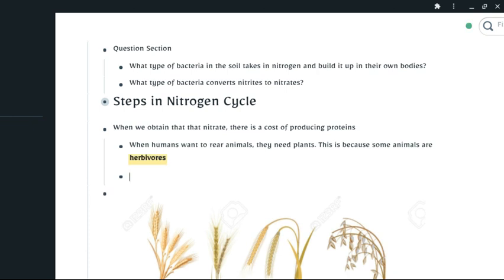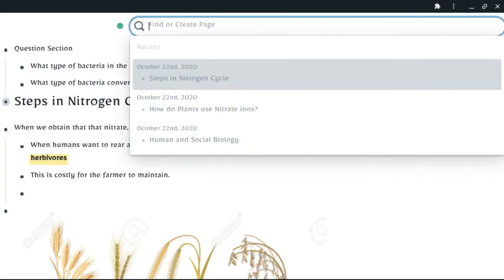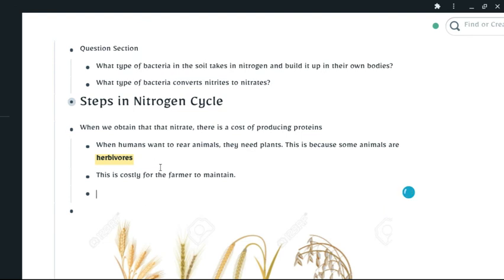And this is costly for the farmer to maintain, and also when that farmer wants to raise animals that are carnivores. So what are carnivores?